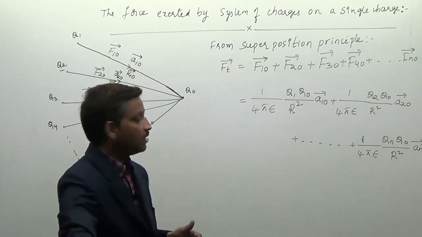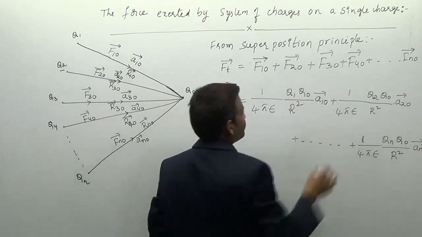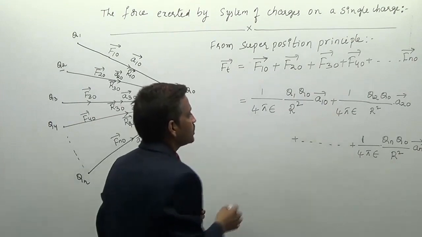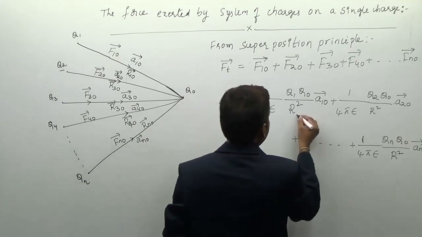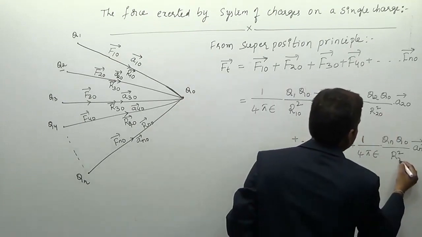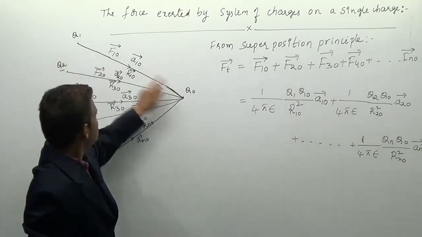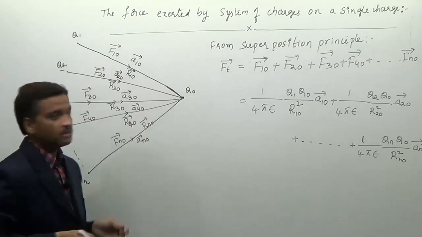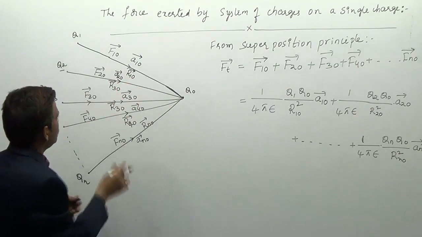From this we can simplify further. What is common in all this is 1 by 4 pi epsilon into Q0. The distance may be different here, because it is R10, this is R20 and this is Rn0. The distances may not be similar, so let us call them R10, R20, R30, like that.